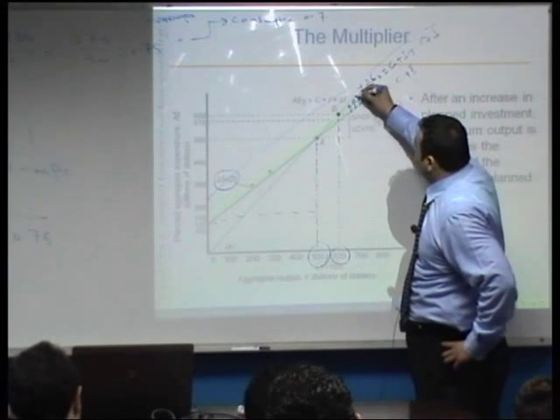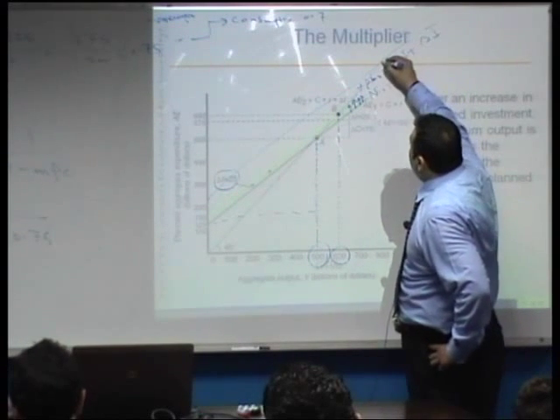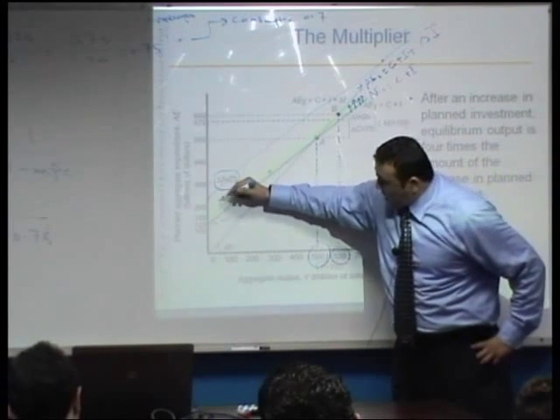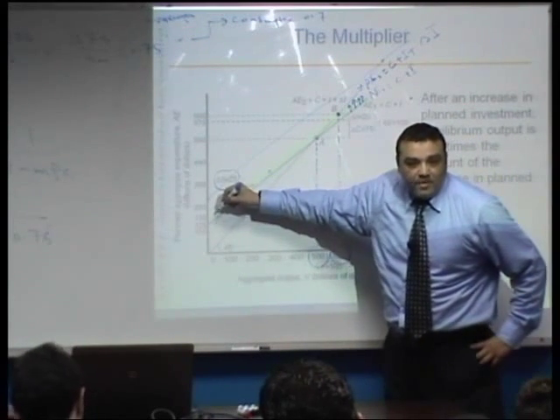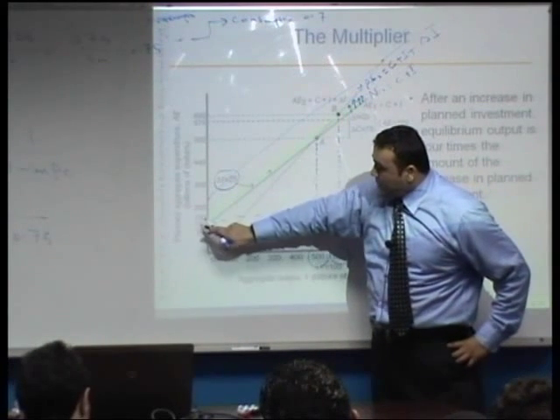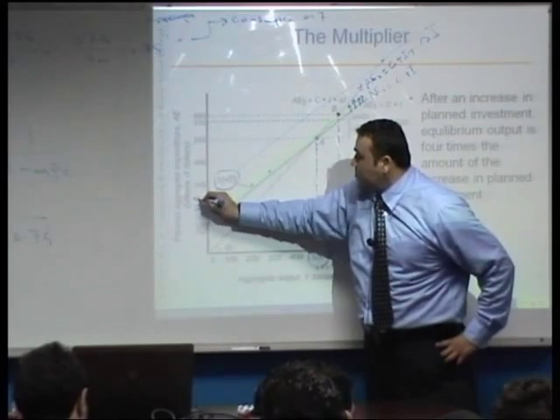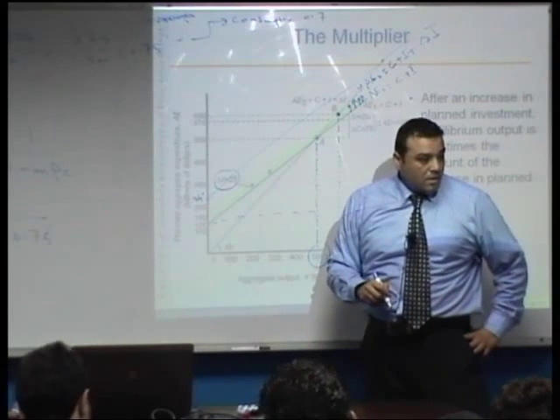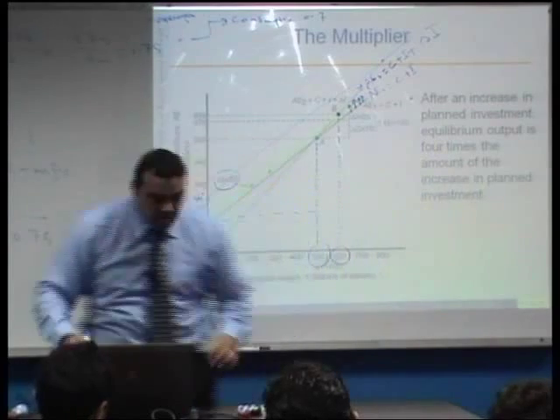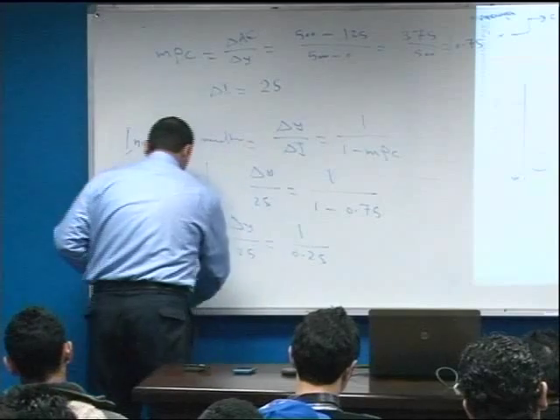How much is the new equilibrium Y? The increase in planned investment by $100 million will move it from 150 to 250, right?